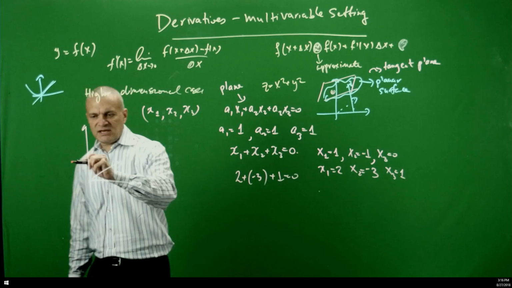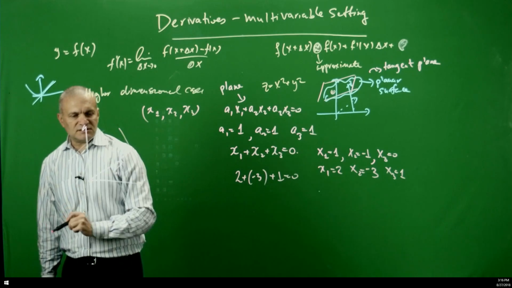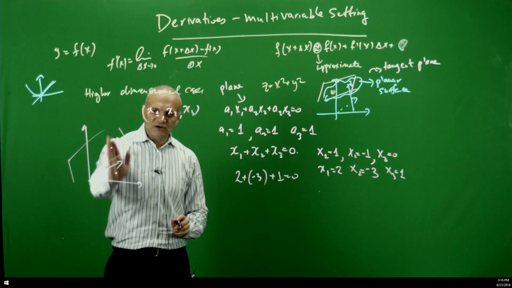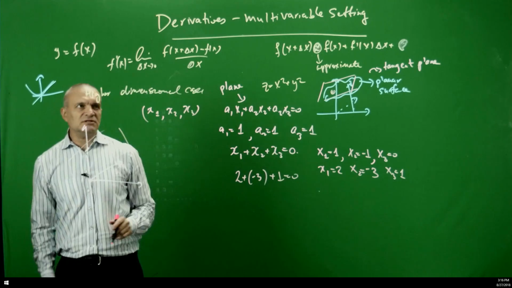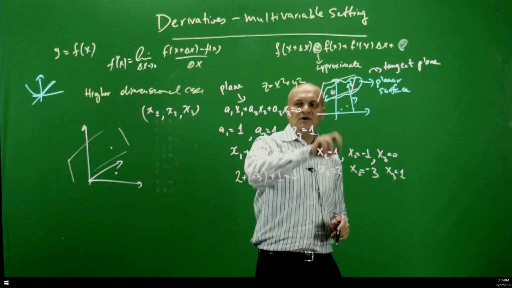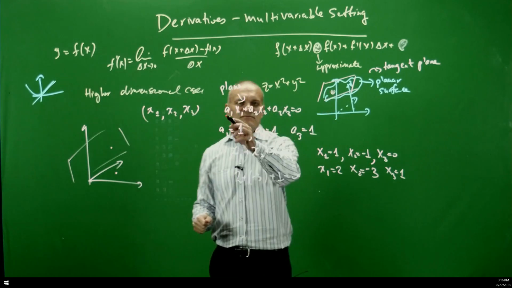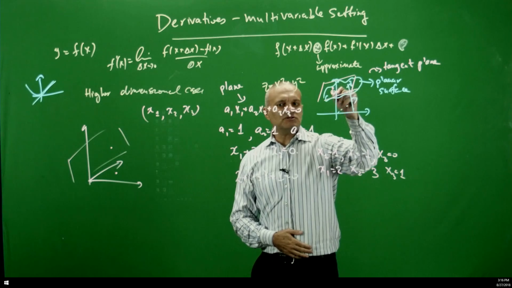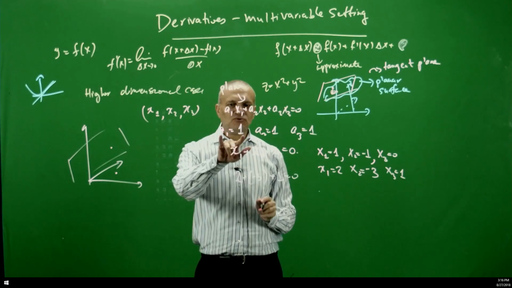So what you are going to get here is something like this. You are going to have a plane, but this plane is not going to be parallel to any of the axes. It's going to be somehow tilted. So when you want to define a plane here, you want to have some sort of a tilt. You need basically two directions. You need a vector. You cannot just do it with one number.